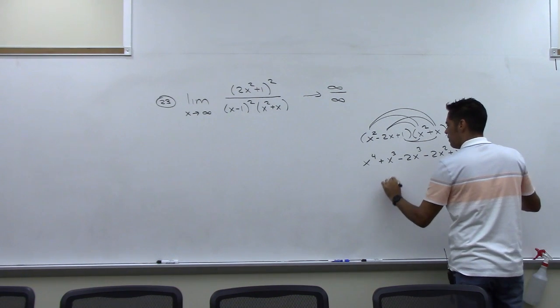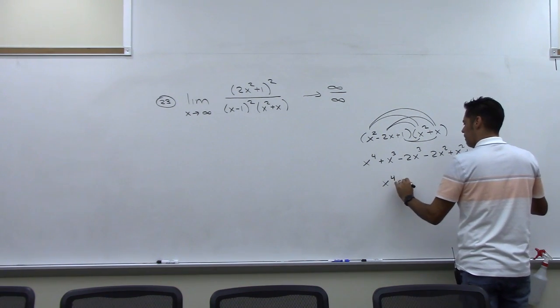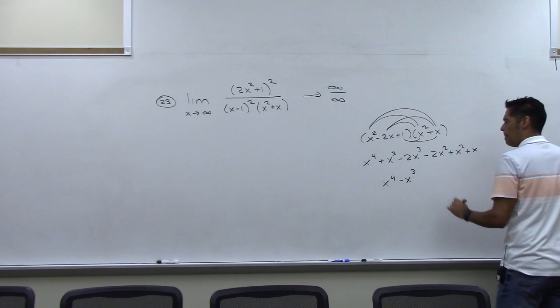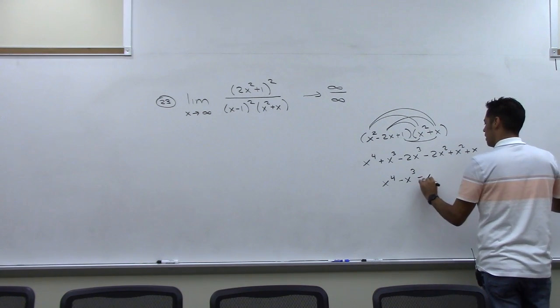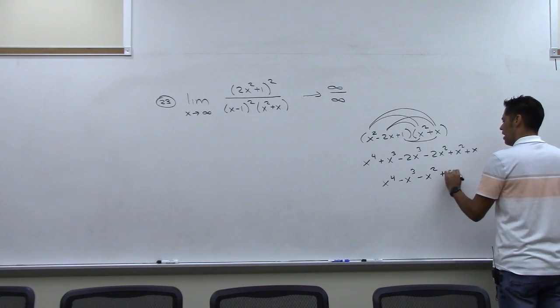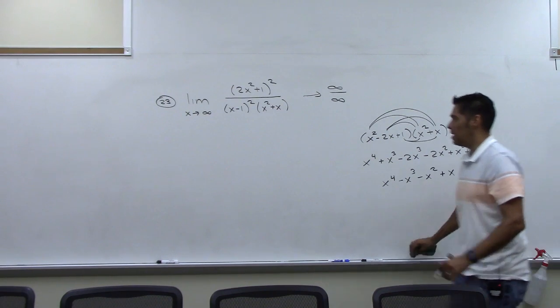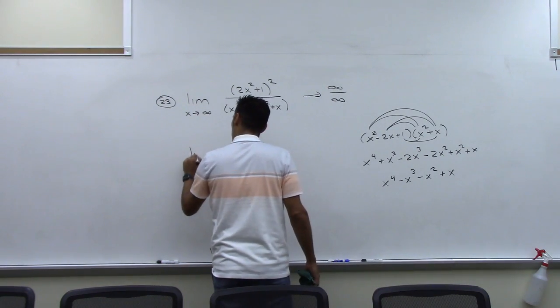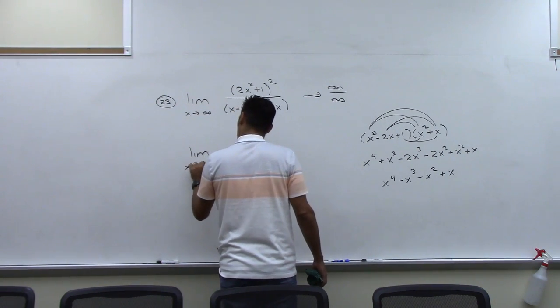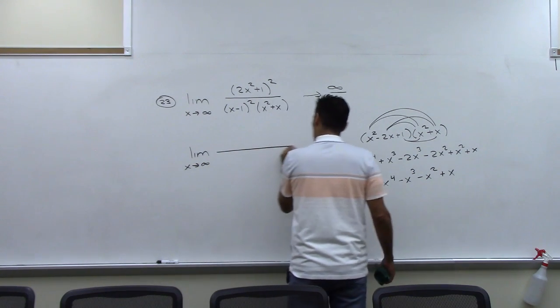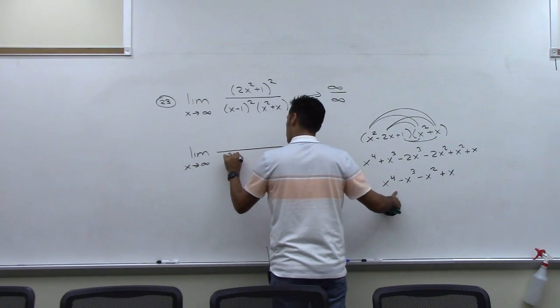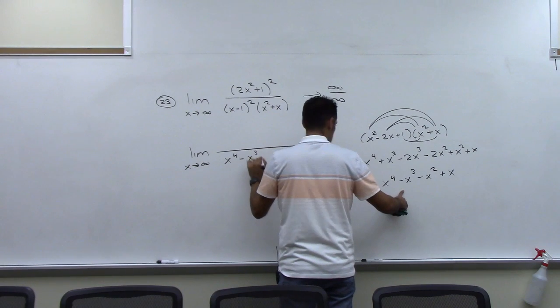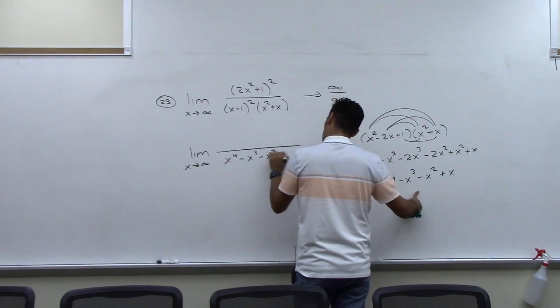And this is x to the fourth, minus x cubed, and then minus x squared plus x. So that's my denominator. So I'm going to rewrite this: x to the fourth minus x cubed minus x squared plus x.